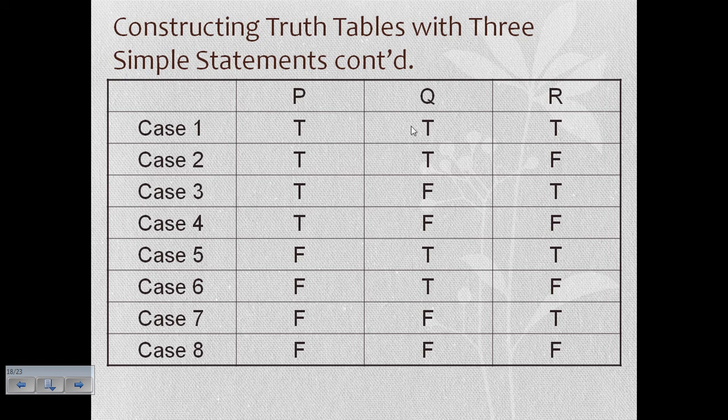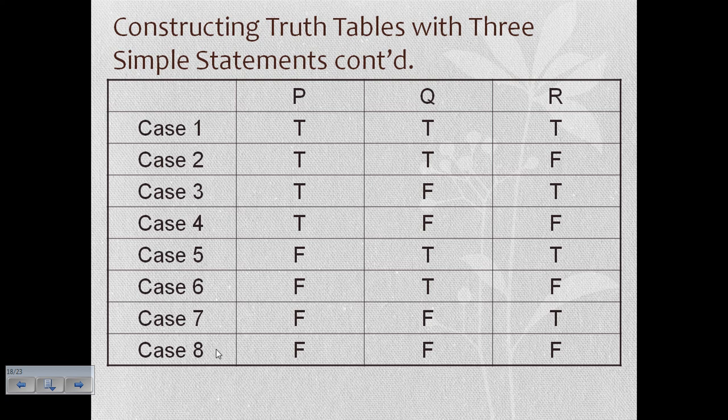But now I got an in-between where instead of going every other one, I got 2 trues, 2 falses. 2 trues, 2 falses. The reason why there's so many is because you got 2 options for P, and 2 options for Q, and 2 options for R. And when you say and in math, you're going to multiply. So 2 times 2 times 2, and that's how you get the 8.